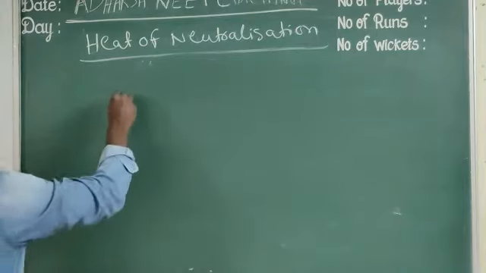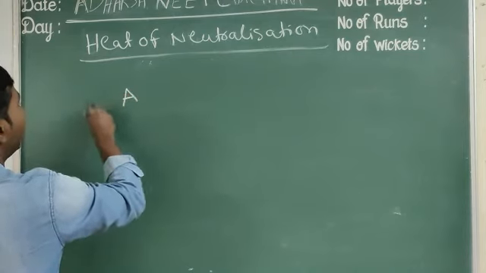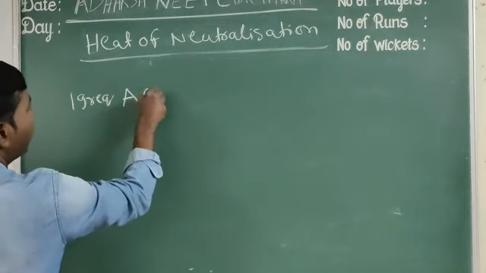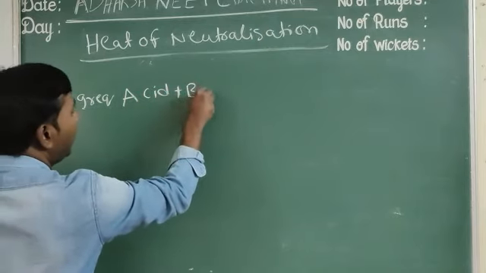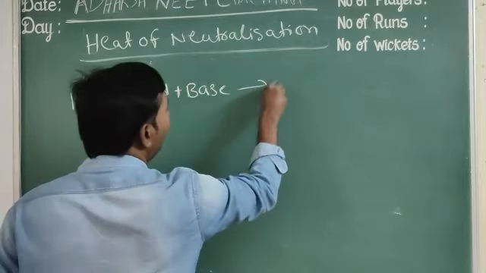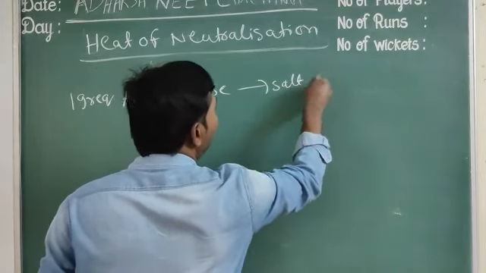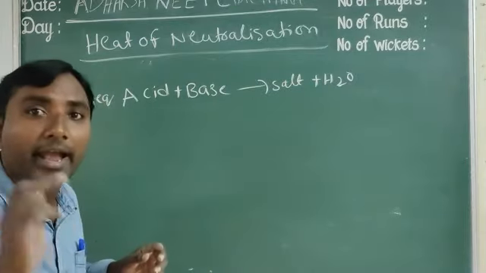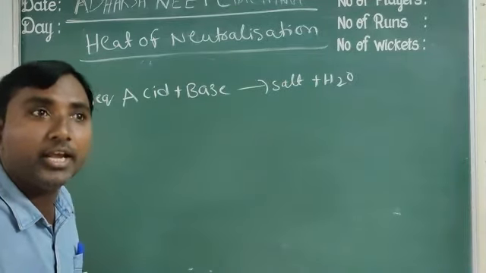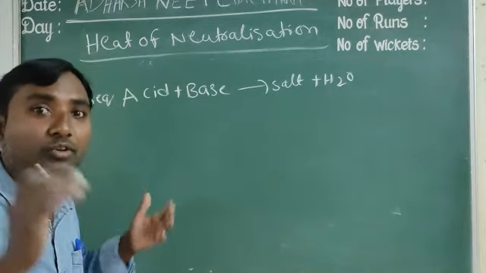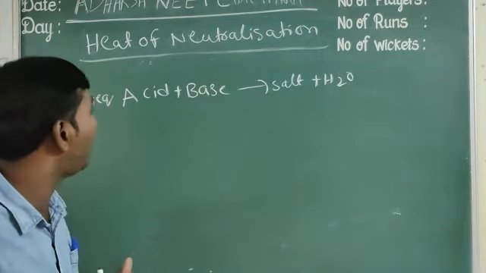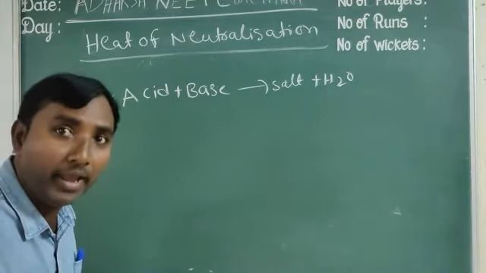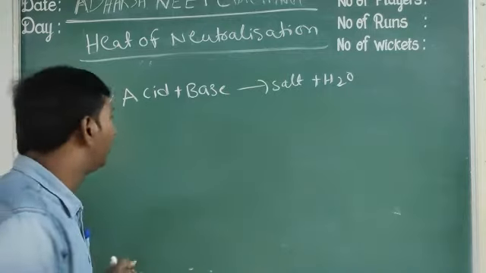That means, for example, 1 gram equivalent of acid neutralized by base gives salt plus water. So the heat energy released remains constant for 1 gram equivalent of acid neutralized by 1 gram equivalent of base. So what is that value?